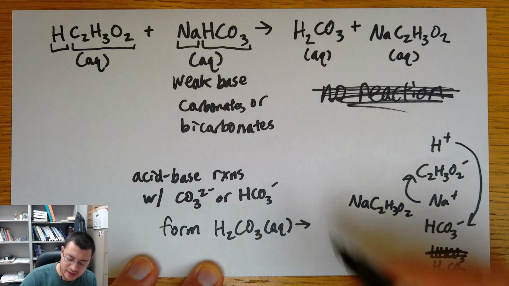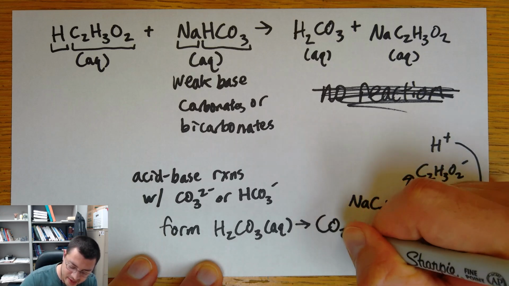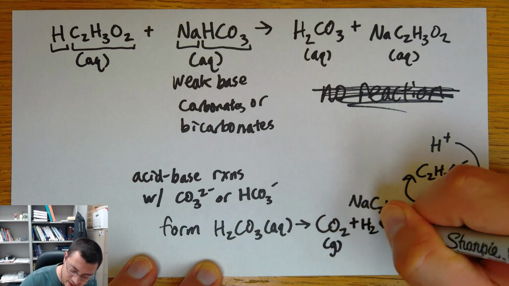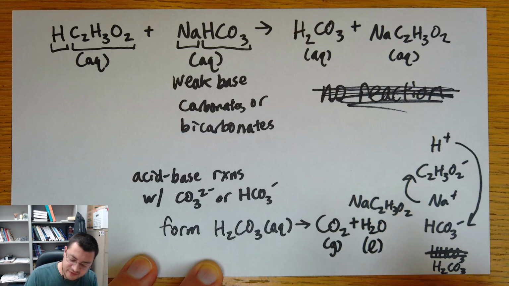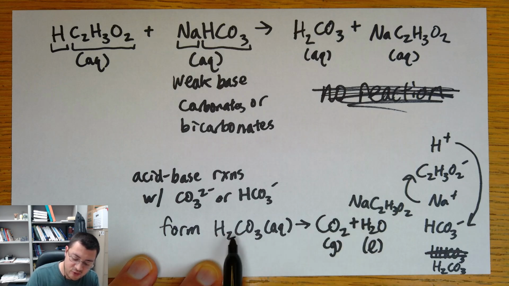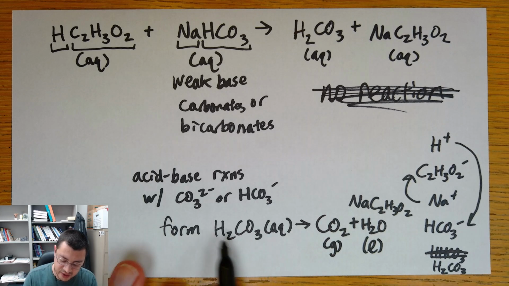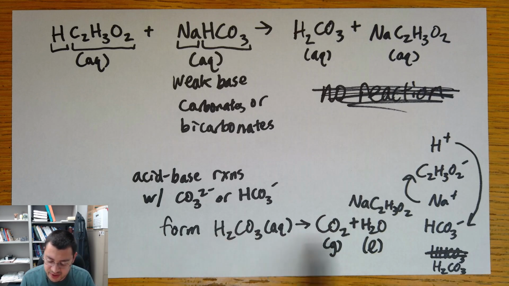What they do is they take carbon dioxide gas and dissolve it into the water, and in the process of dissolving in the water, it's going to react with a water molecule and form carbonic acid. This is done under pressure at the canning or bottling facility, and then it's sealed so it stays this way and doesn't undo itself.